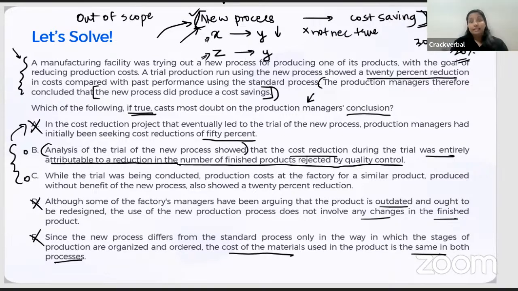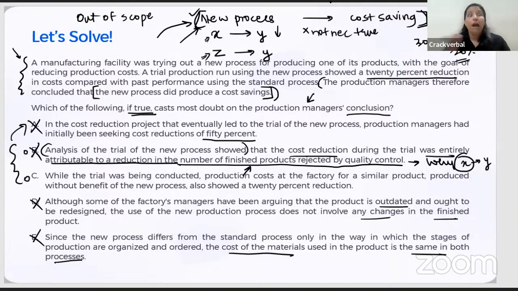So this is a typical pattern where they're asking, why is it that X has caused Y? Why is it that the new process has brought about cost saving? Because in the new process, the number of finished products that was rejected had reduced. That's why. So this is a very common pattern you see.